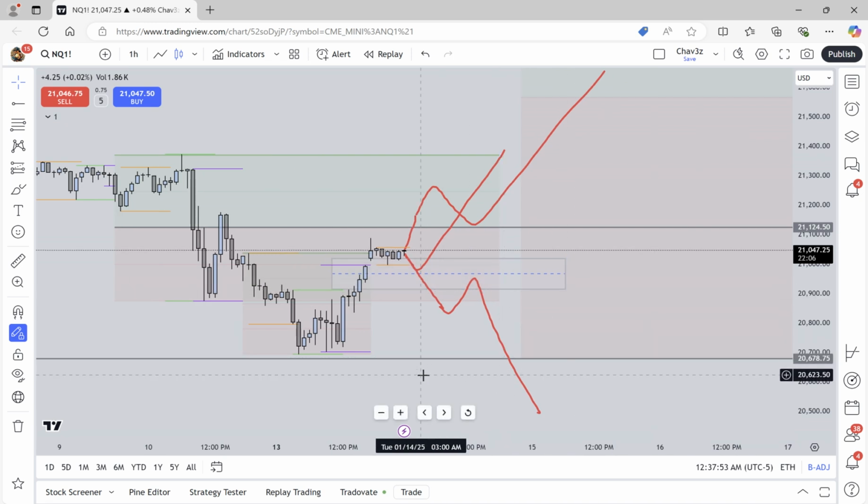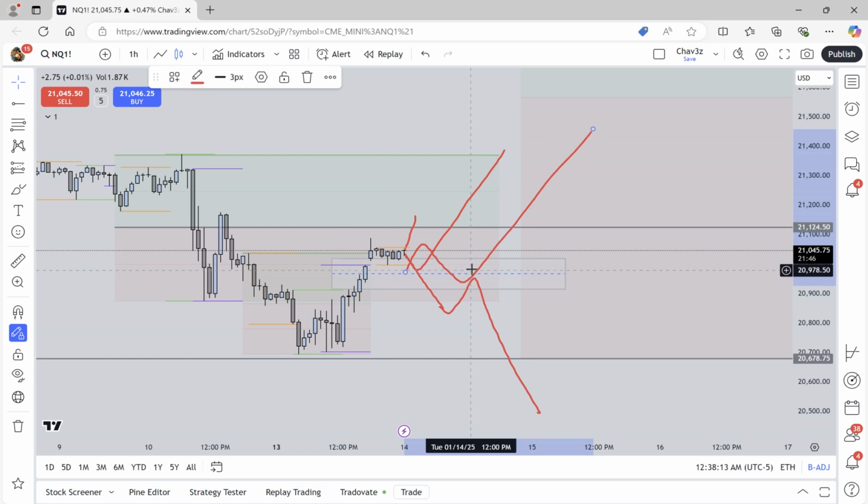So for me, the one setup that I want to look for going into London, and then waking up and seeing what happens during New York, is I would like to see price continue bullish action and then drop us and continue higher. That's what I would like to see overnight, this scenario right here.